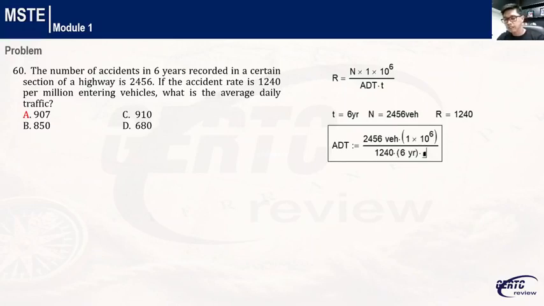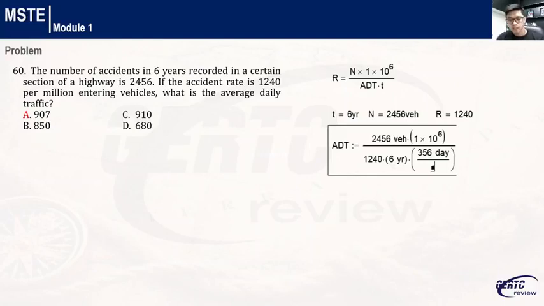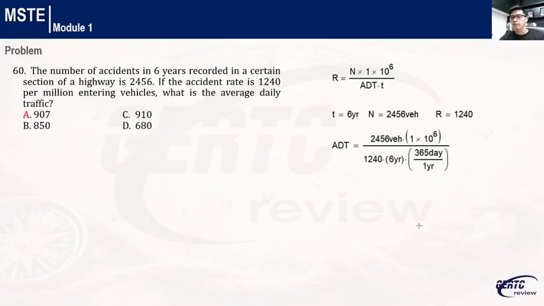Then, i-convert natin yan to day, because average daily traffic, yung unit natin dyan is vehicles per day. So, dapat yung time natin, convert natin per day. So, we have here 365 days. Yung ginagamit natin dito is 365 days per 1 year. Okay, from this formula, cross-multiply, then the average daily traffic is equivalent to vehicles per day.